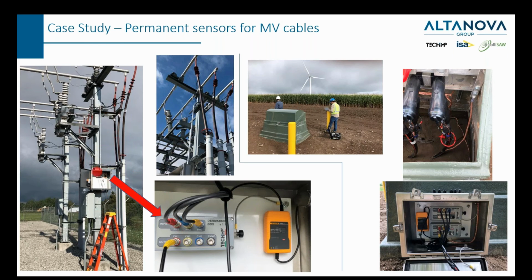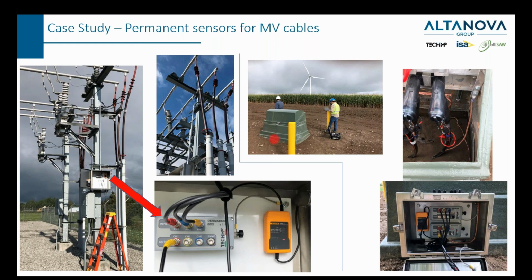At the substation end, very easy installation. We have an outdoor box to protect the derivation box. And the derivation box provides 6 channels with a sync channel. For the sync channel, we use a low frequency CT, put it around the cable to get the 50 or 60 hertz signal for the synchronization.